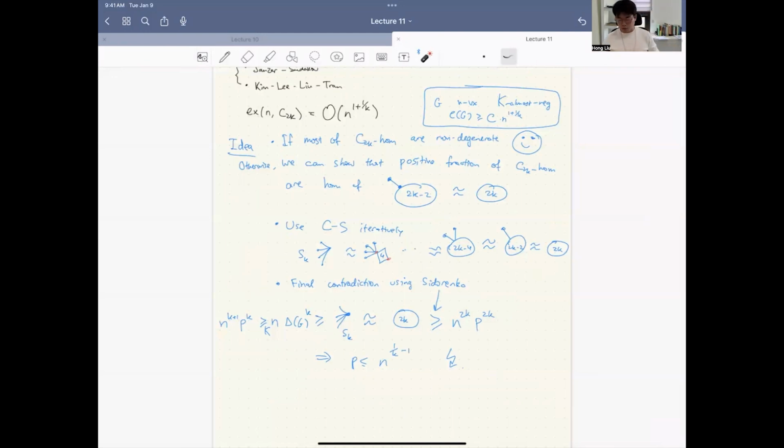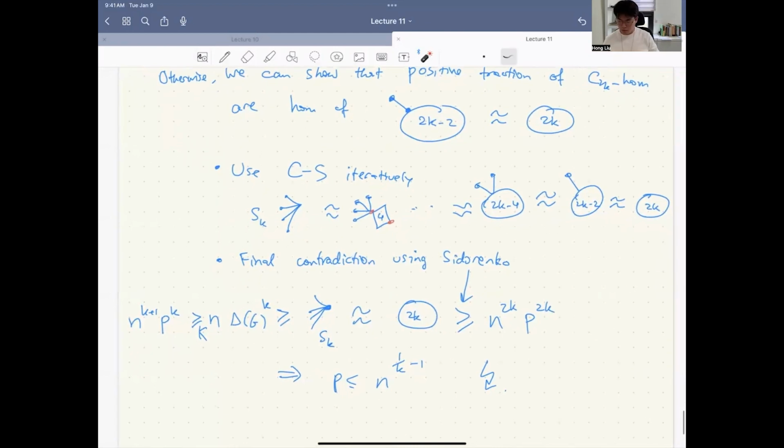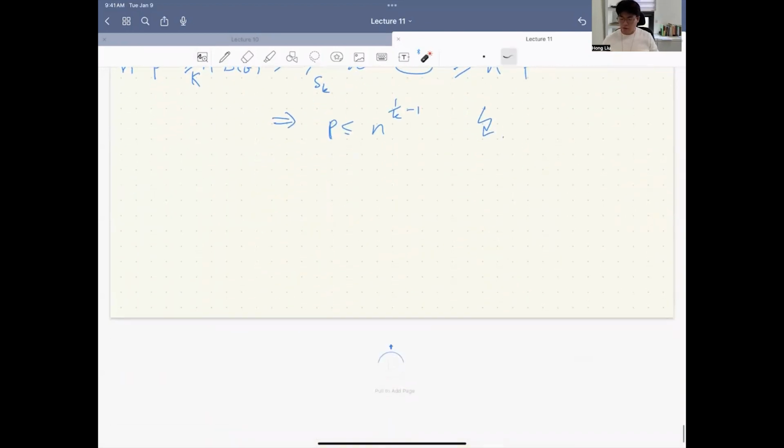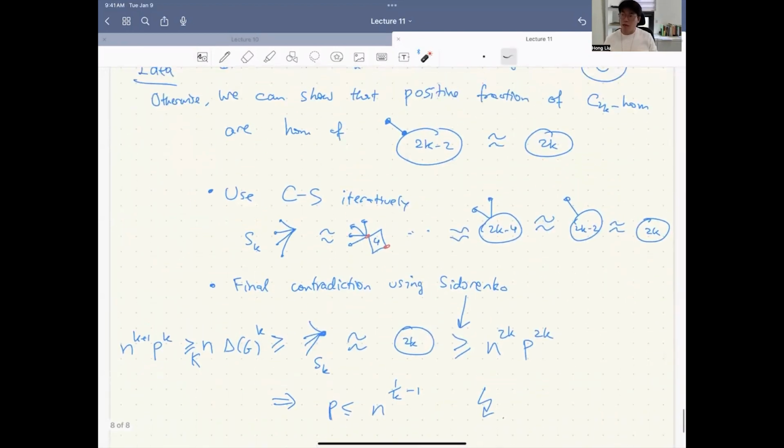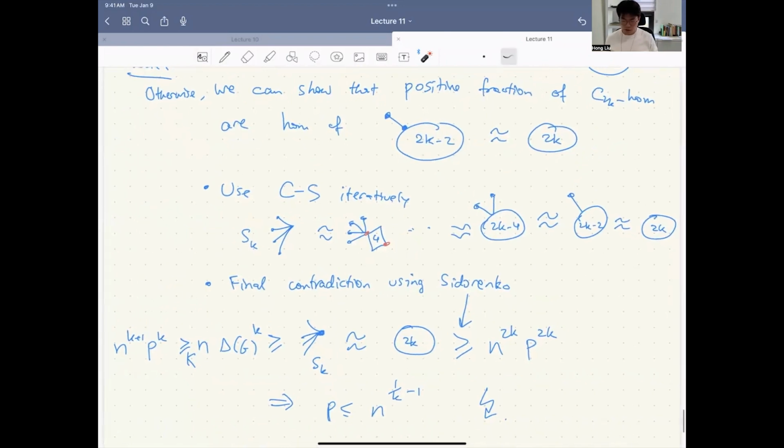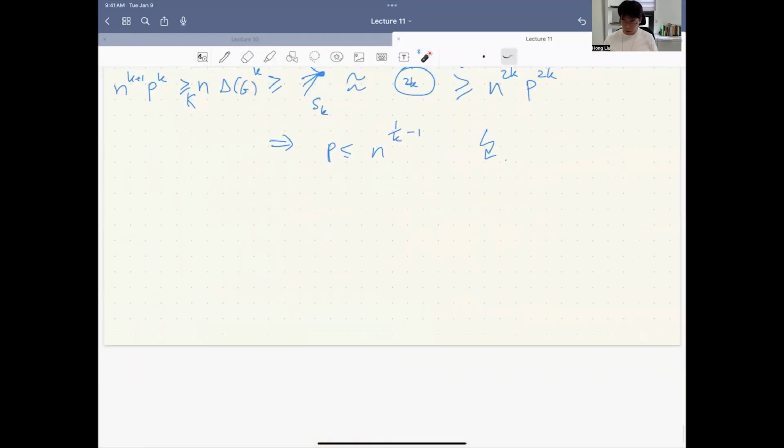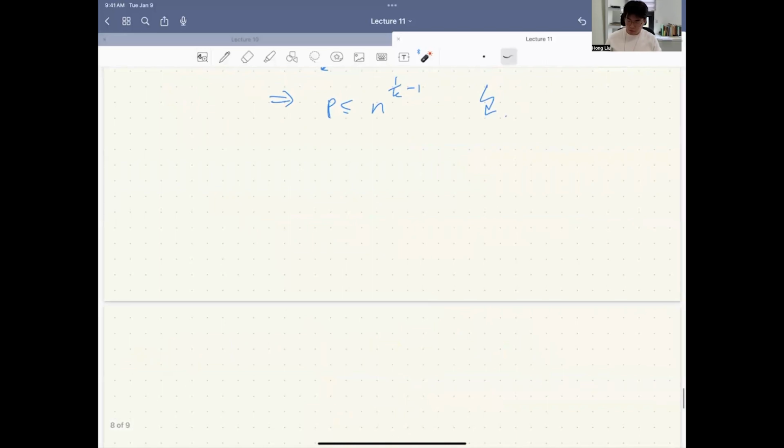So let me illustrate this idea. I will not do C2K, I will just illustrate it with C8.